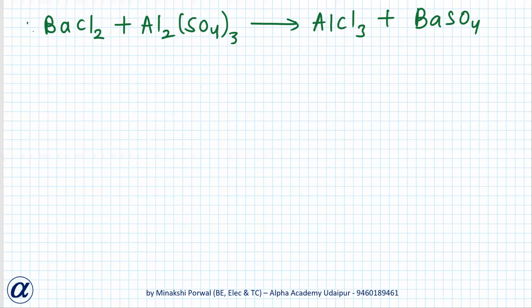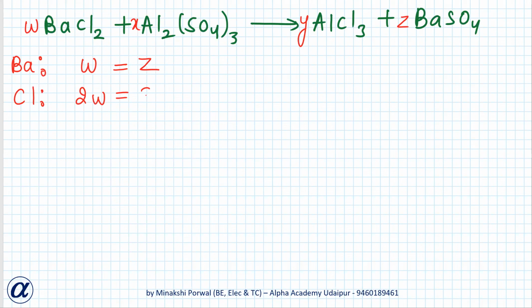Again, I'm writing W, X, Y and Z with another color, making the equations. First of all, barium: W equals Z. Then chlorine: 2W equals 3Y. Then aluminium. Who will tell the equation of aluminium?